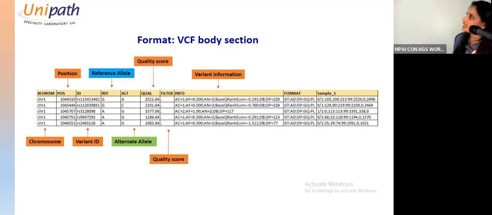But here you will see it's 1/1. That means it is homozygous. Here you have 0 reads representing the reference allele, so it's 0, and the alternate allele count is 113. And that's why your total is also 113.